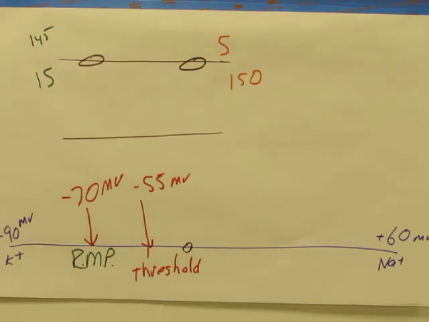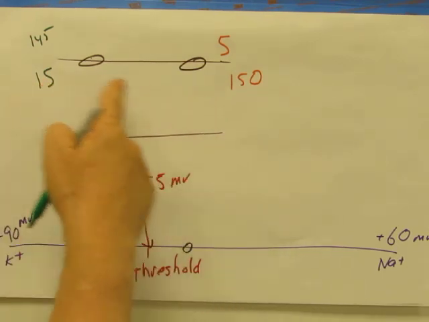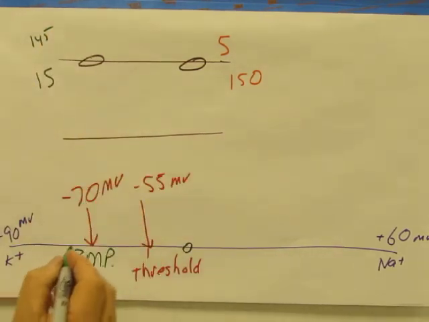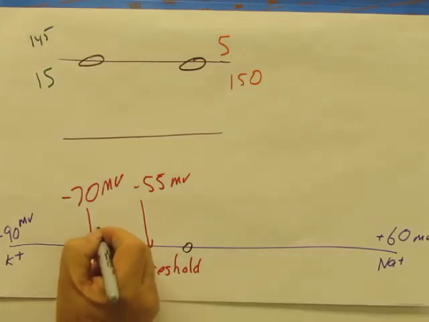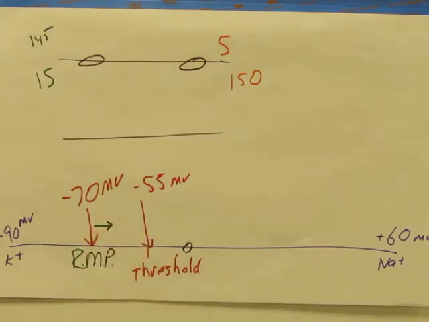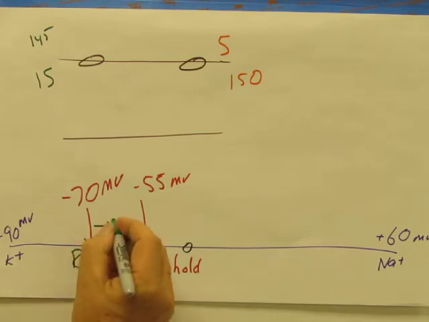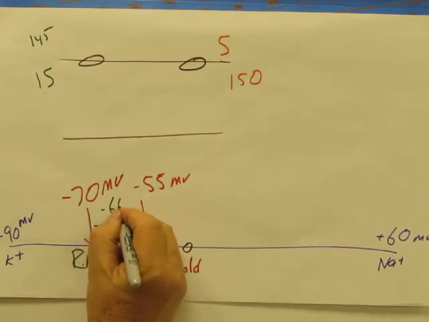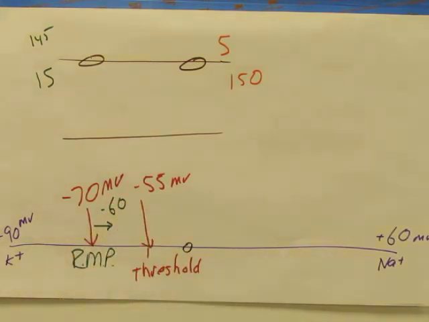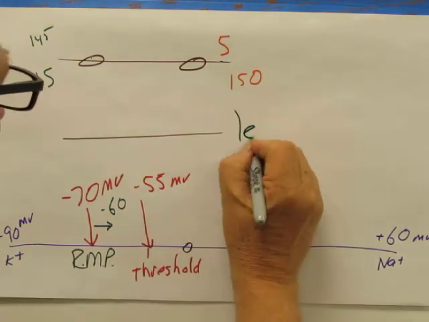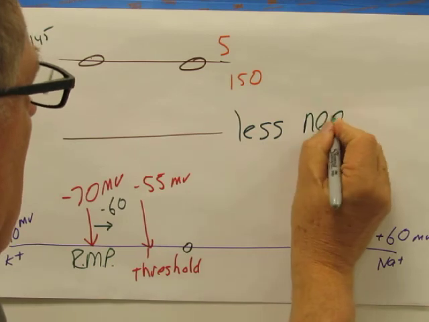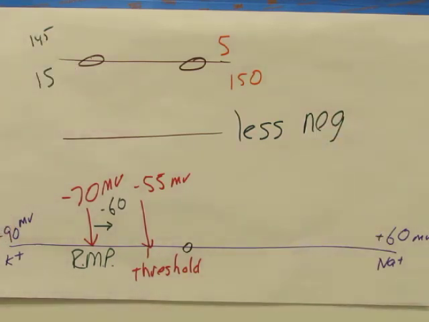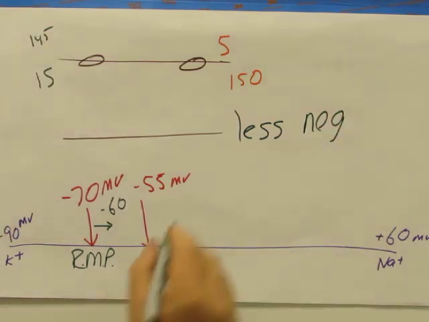Now let's say we increase the flow of sodium into the cell. That's going to make this membrane potential go this direction. Let's say you go to negative 60 millivolts. Since this is less negative, we say the cell is being hypopolarized.